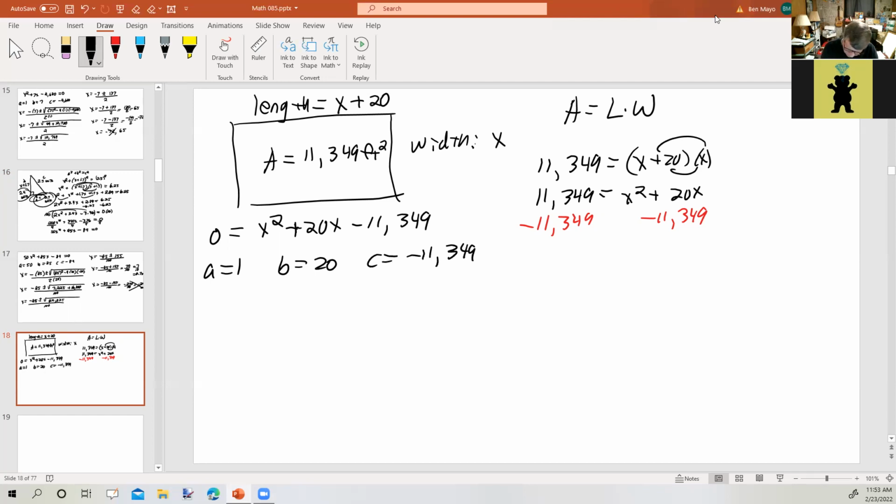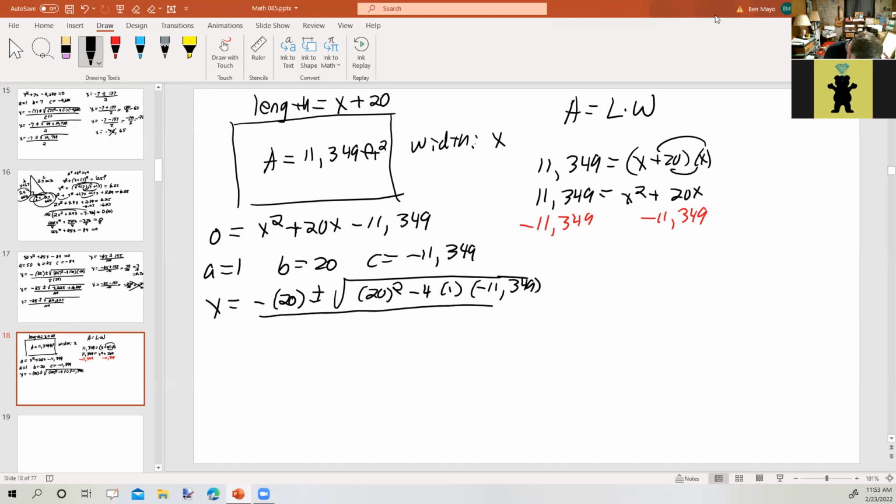11,349. Here we go. X equals negative B plus or minus the square root of B squared minus 4AC all over 2A. X equals negative 20 plus or minus 20 squared is 400.